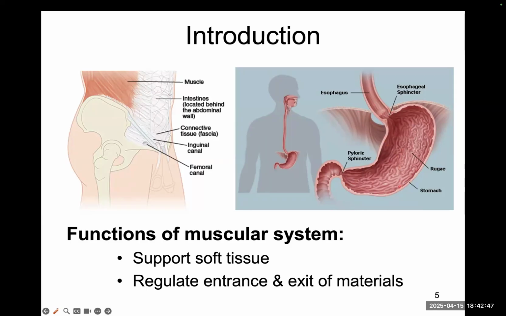After it's in your stomach, there's another sphincter. The purpose of these sphincters is to control the movement of things in a tube: the entrance of food to the stomach, and the exit of the contents from the stomach to the next tube, basically your digestive system.